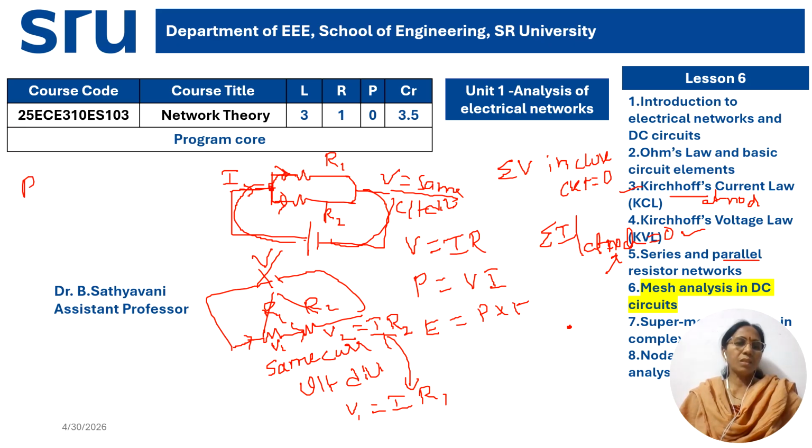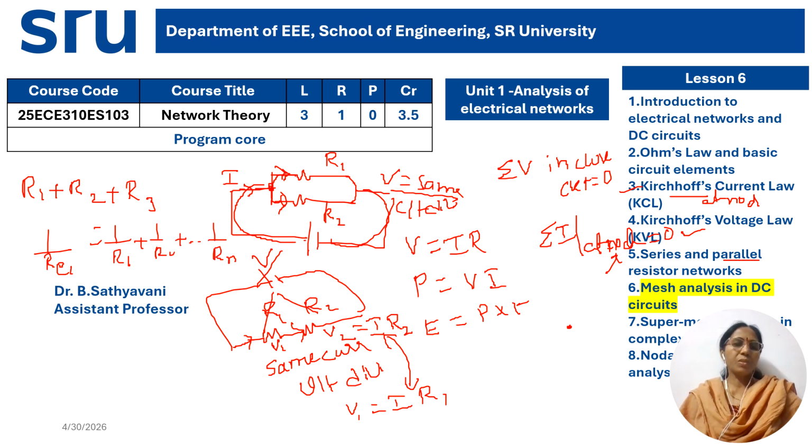Even if three resistors are connected in series, what is the equivalent resistor? R1 plus R2 plus R3, the sum of the resistive magnitudes. If n number of resistors are connected in parallel, we take the equation 1 by R equivalent equals 1 by R1 plus 1 by R2 plus up to 1 by Rn.